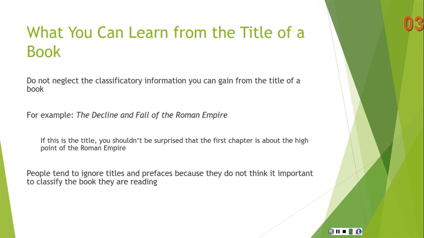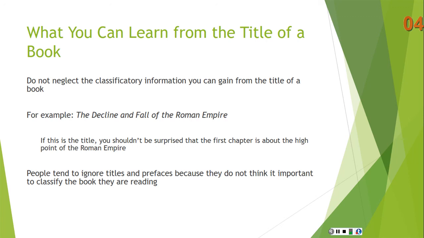Now, this could be fictional or it could be non-fictional, so that doesn't really help you there. But it does give you the subject matter of the book. If this is the title, you shouldn't be surprised that the first chapter is about the high point of the Roman Empire, because if you're dealing with the decline and fall, you might start at the high point, and in fact this book does.